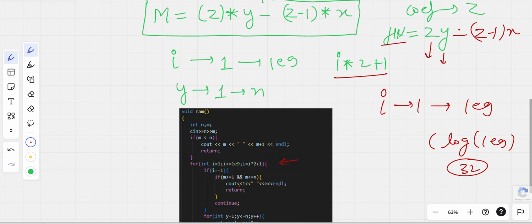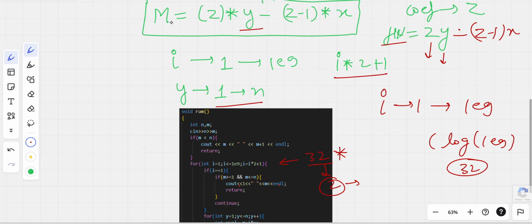So the outer loop will run only 32 times, which means the z value will iterate from 1 to 1e9 in only 32 iterations. And also we will iterate y from 1 to n. We will check every y.